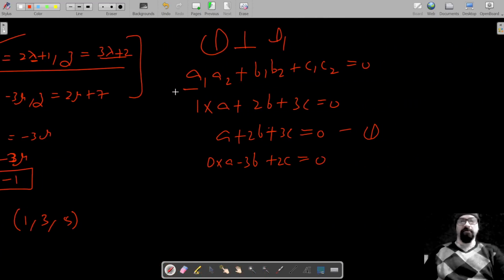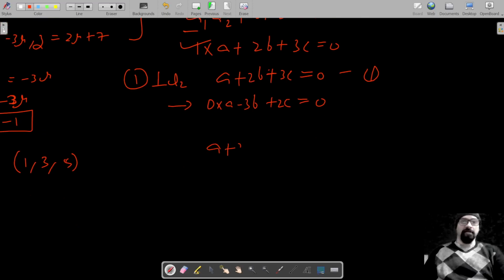So L is perpendicular to L1, we get this, and L is perpendicular to L2, we get this. Now our equations are a plus 2b plus 3c is equal to 0, and next one is 0 minus 3b plus 2c is equal to 0.